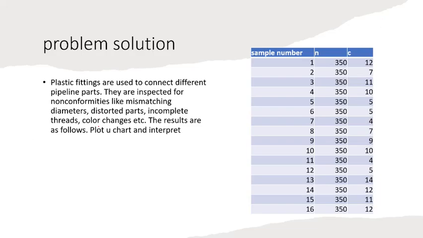We have a simple question here, and I will use the formulas for that question. We have plastic fittings used to connect different pipeline parts. We check those parts for non-conformities like mismatching diameters, deformation, bad threads, changes in color, etc. Here C is the number of defects, and n is 350.